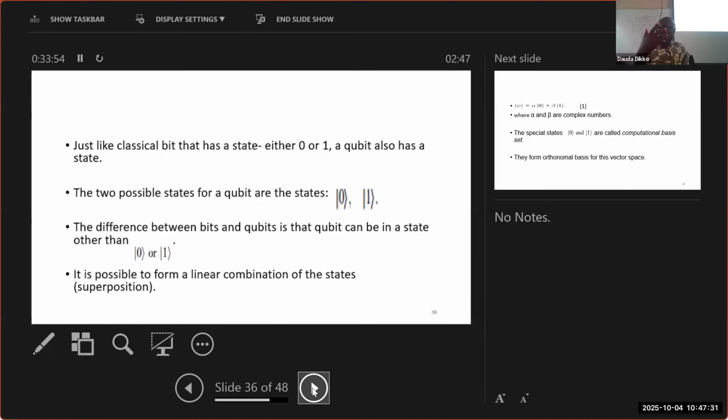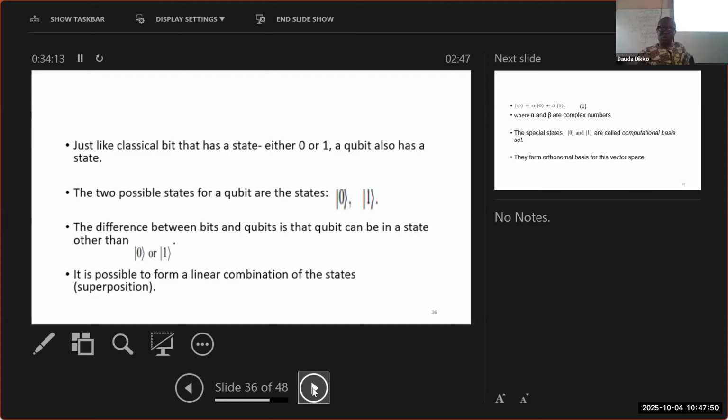In classical computing, we make use of Boolean algebra. In quantum computing, we make use of linear algebra. So if we have two states, 0 and 1, there is the possibility to combine the two states together linearly.